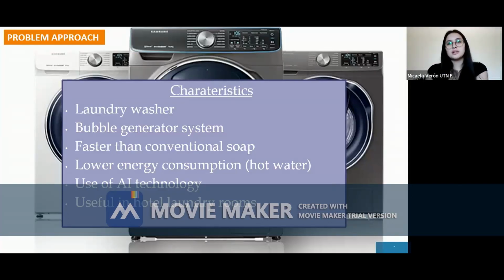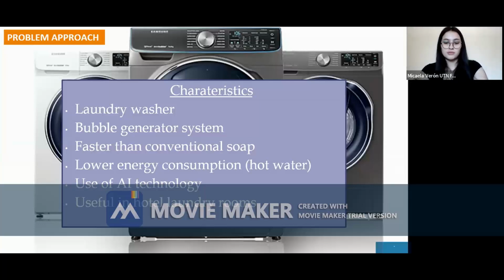The system dissolves the detergent with the water and injects air, creating a layer of foam inside the machine. So the bubbles penetrate the fabrics and remove dirt 40 times faster than conventional soaps.